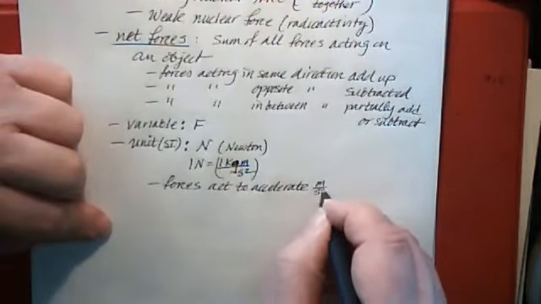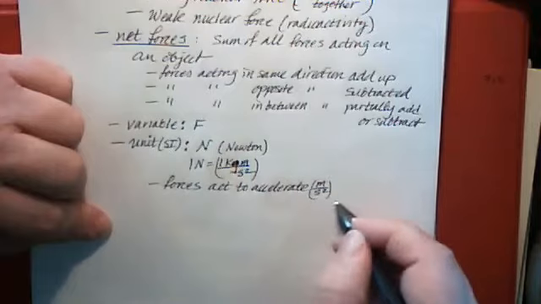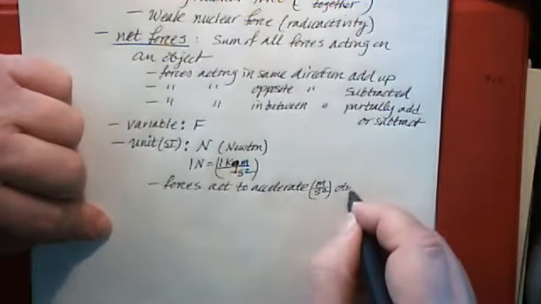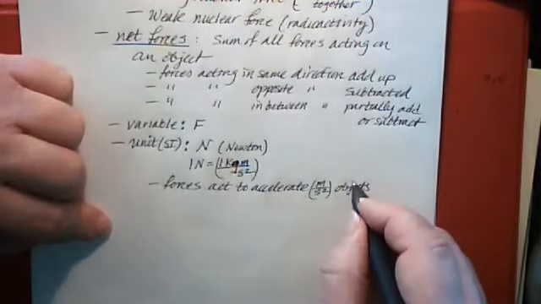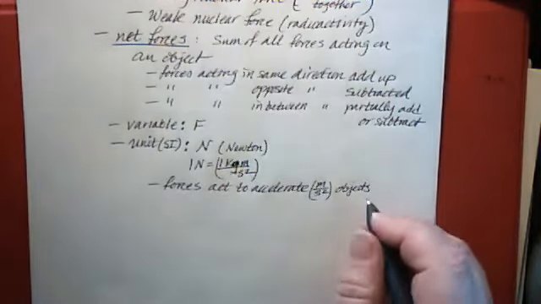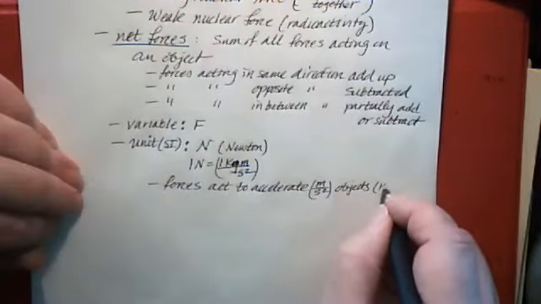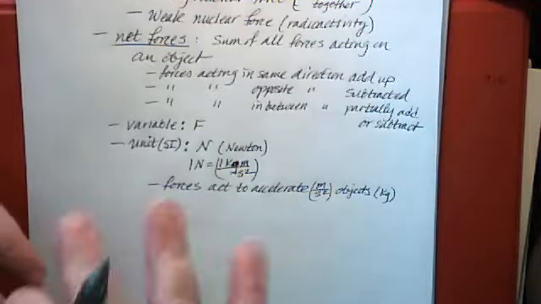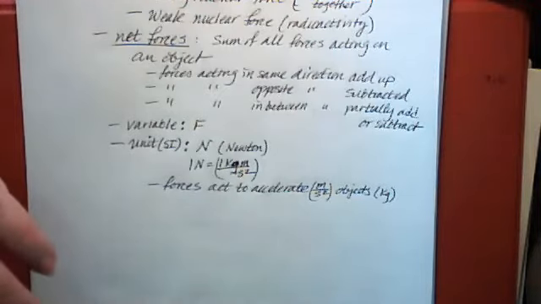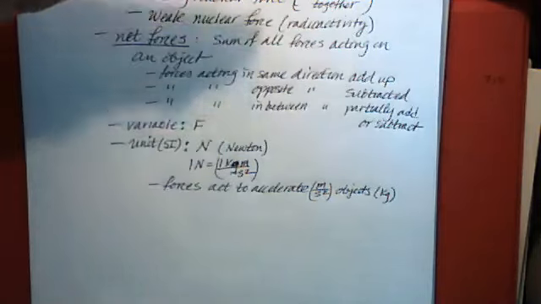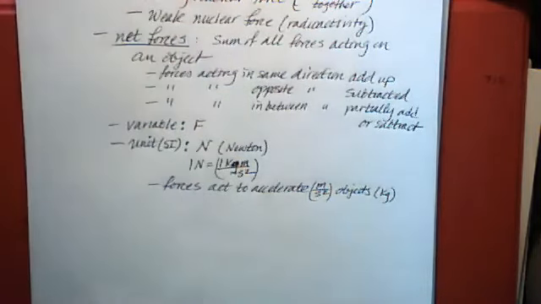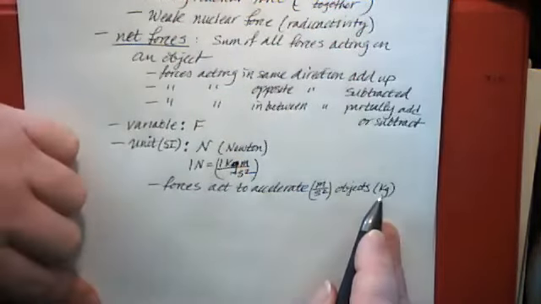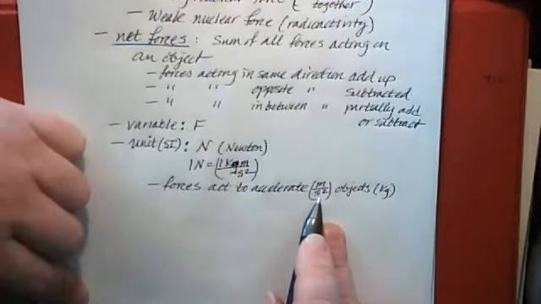Acceleration is in units of meters per second squared, and the main characteristic of objects is that they have mass, and the SI unit for mass is kilograms. So when you're measuring a force, you're basically measuring the mass and how much it's accelerated. And so that gives you a unit that's a combination of kilograms and meters per second squared.